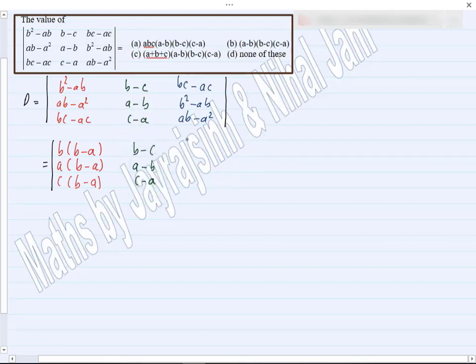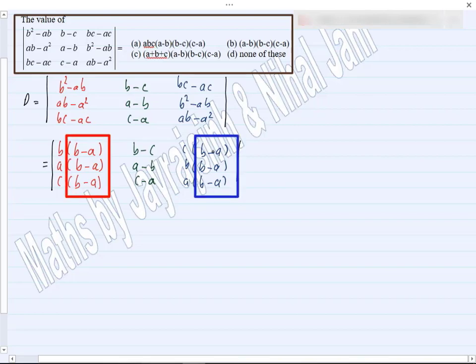Now it's time to simplify the third column. Take c common, we'll get b minus a. Here we can take b common, again b minus a, and a common, we get b minus a. Right? So from the first and the third column we can take out b minus a. So let's divide the first column by b minus a.